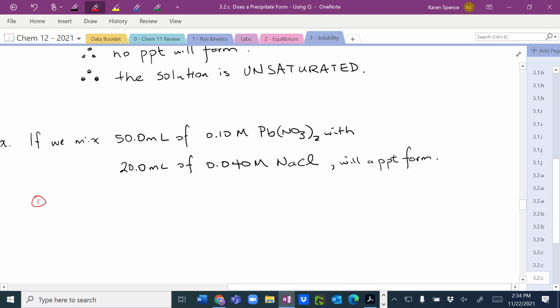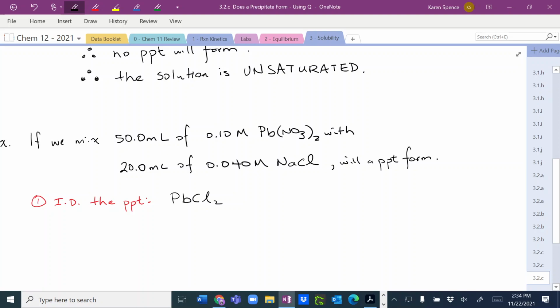So if you are given 2 substances, you must identify the precipitate. Your precipitate is lead chloride, PbCl2. I will not give you 2 precipitates in a question like this because it's just too many factors going on.